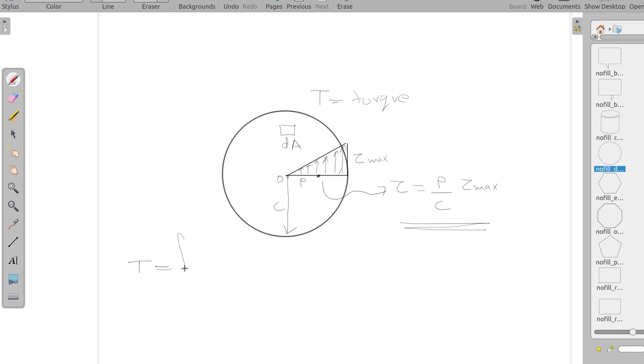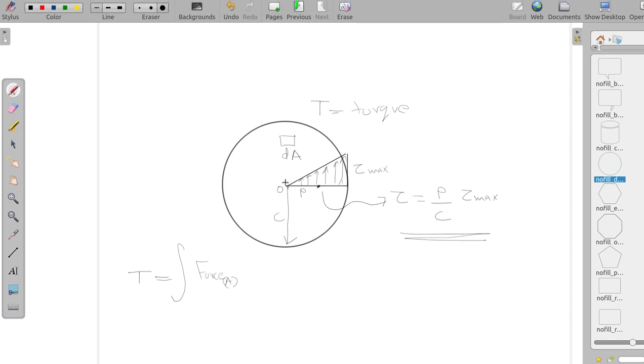So first we will find out the force on member A, and we'll multiply it with what?